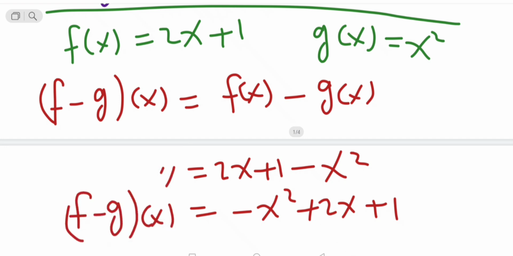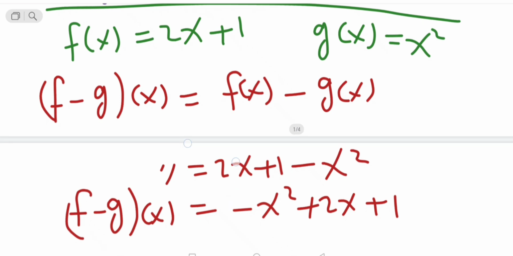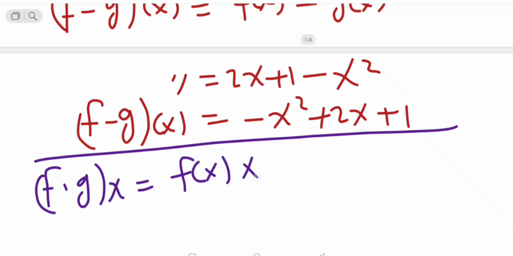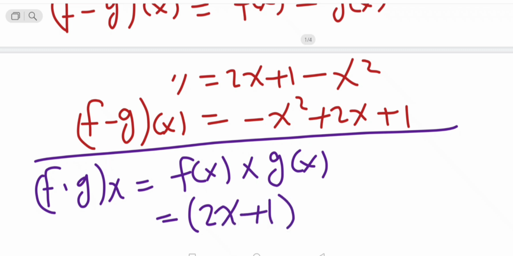I hope you understand. The same question we will apply for the multiplication. f dot g of x. It means f of x multiplied by g of x. So what is f of x? The function f of x is 2x plus 1, multiply, bracket means multiply, g function is x square.